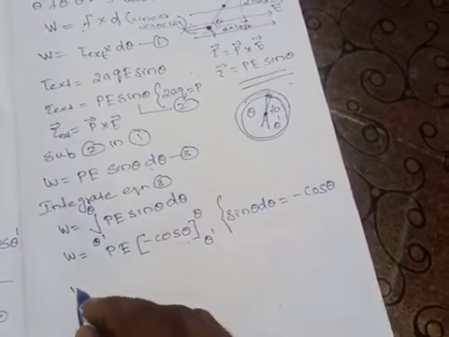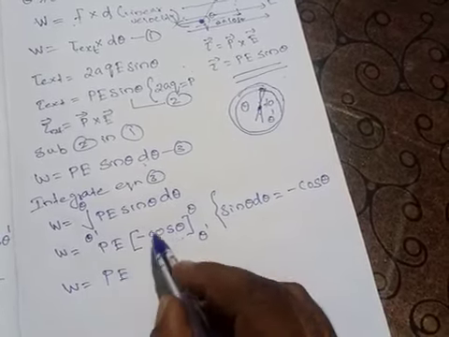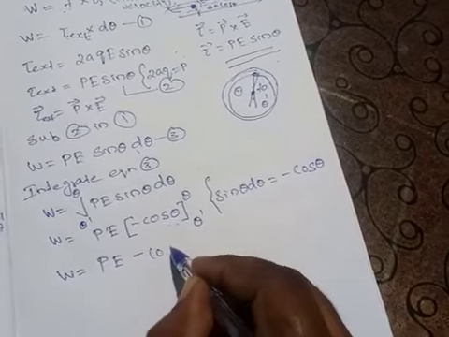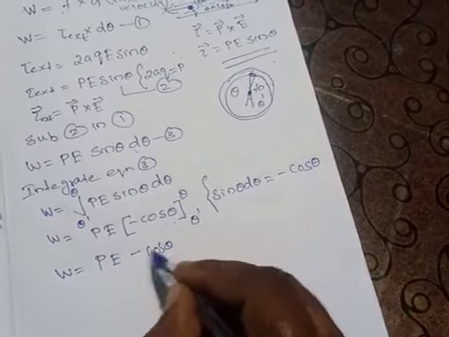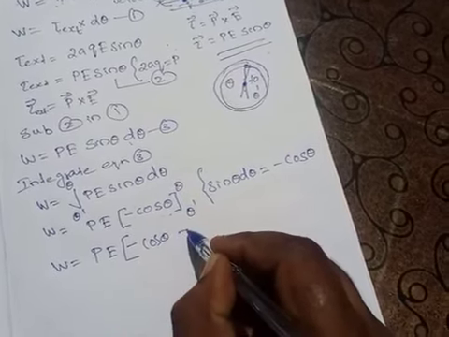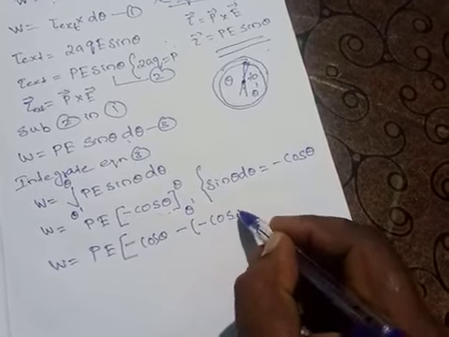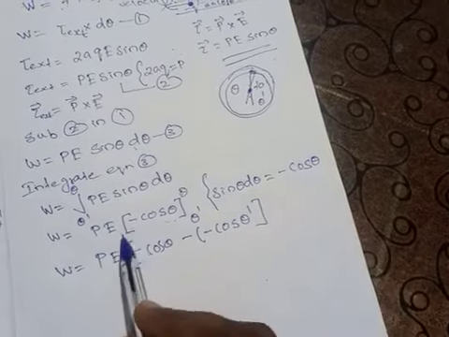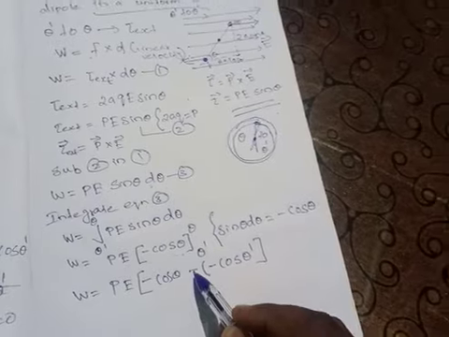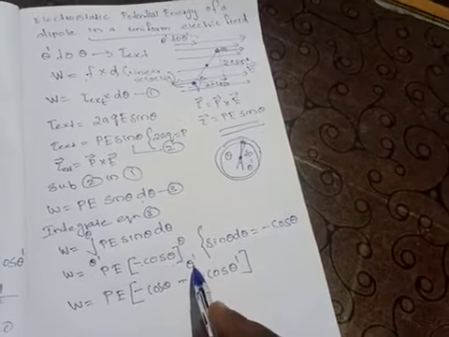Next step, W is equal to PE. First apply the upper limit, then the lower limit, to minus cos theta. Upper limit minus lower limit is how you apply the limits. Here the upper limit is theta and the lower limit is theta dash.